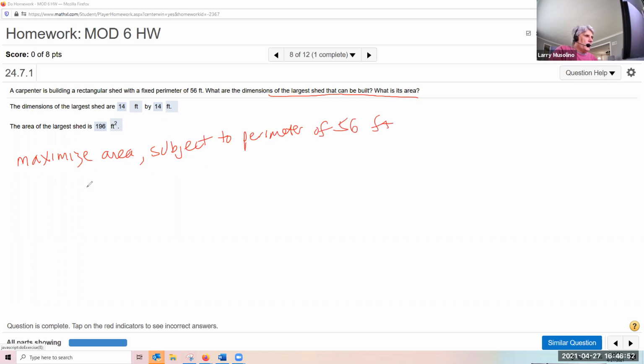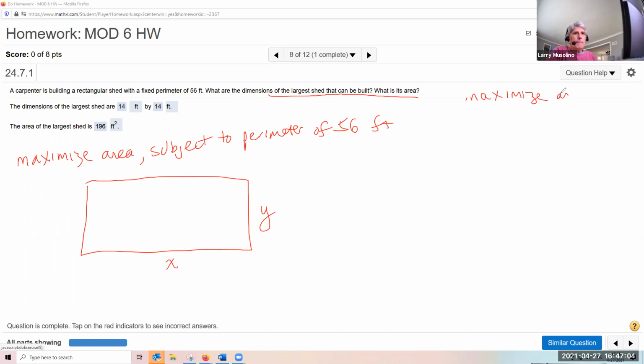Let me draw a little diagram. Here is the rectangular shed they're talking about. I'll call this X and Y. So we want to maximize the area. Well, I know the area of a rectangle is X times Y. And anytime I want to maximize or minimize, I take the derivative.